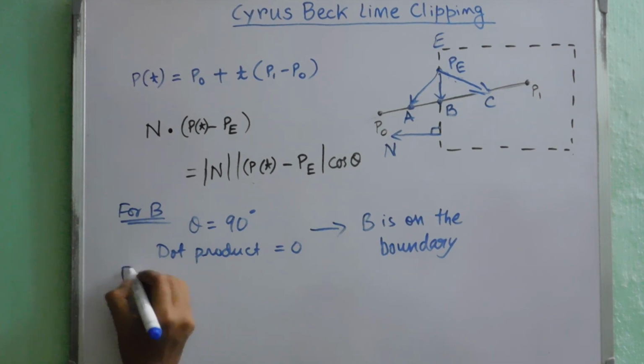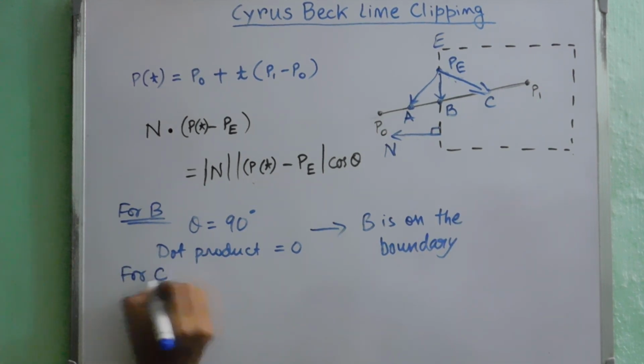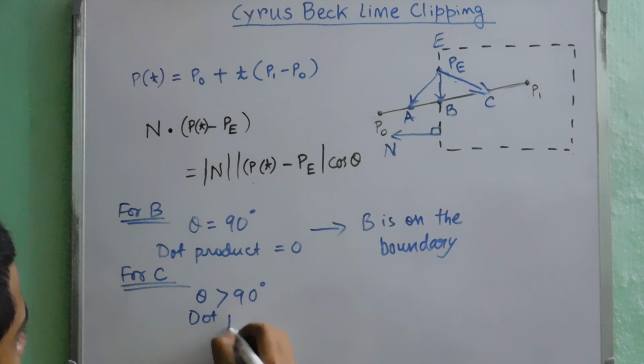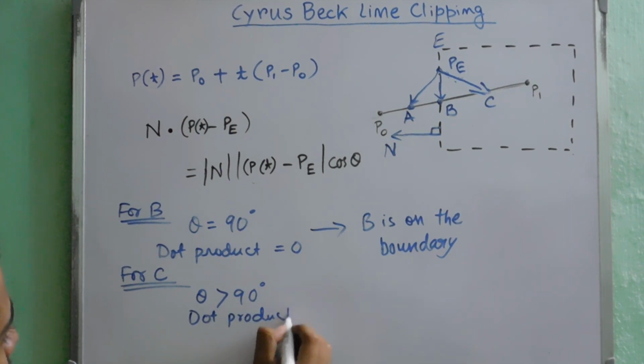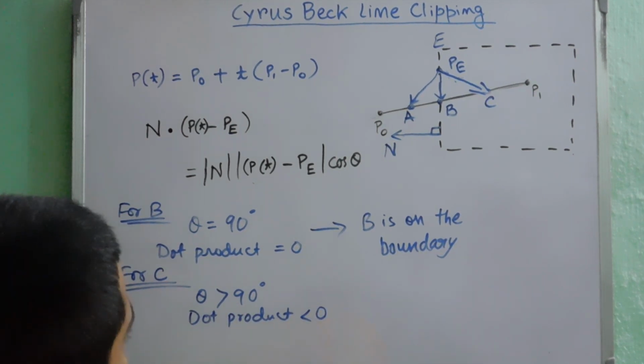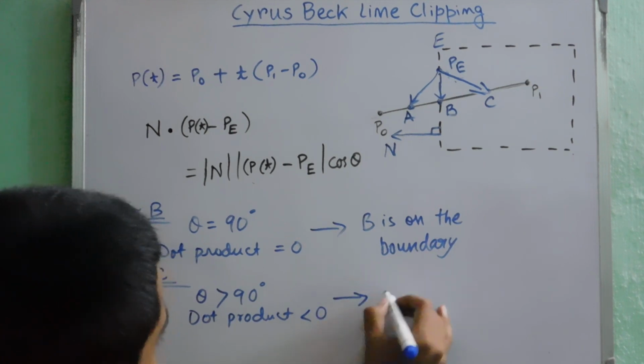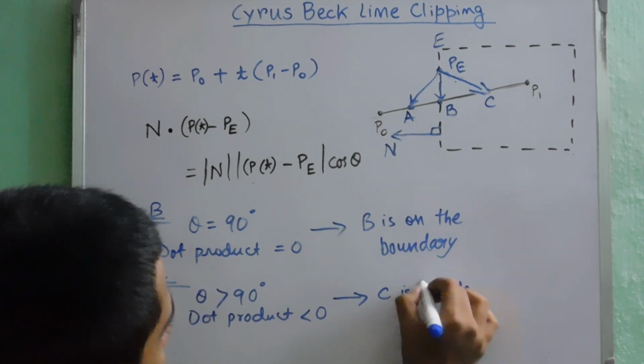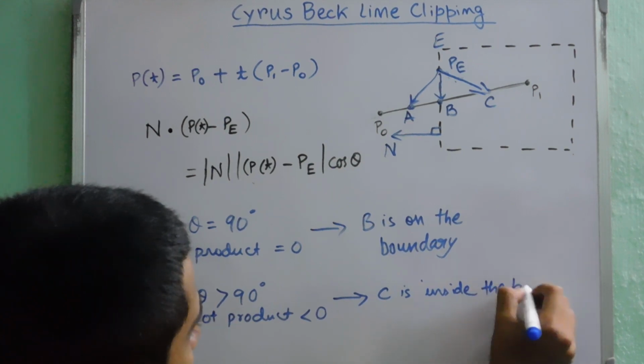Now for C, theta is greater than 90 degrees. That means the dot product will be less than 0, and that implies that C is inside the boundary.